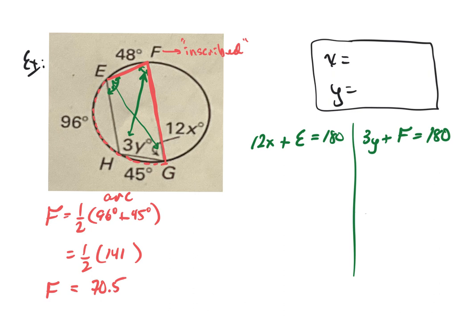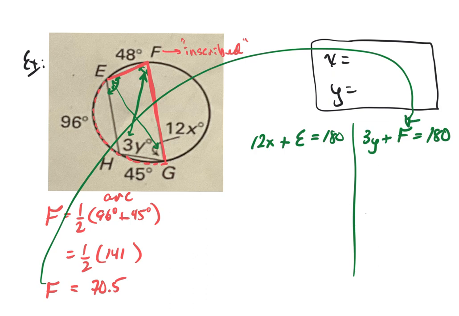So therefore, we can now pick up what F is and put it into our equation where we were adding the opposite angles. So now I can replace F with 70.5, and solve the equation. So we'll move plus 70.5 to the other side by subtraction.